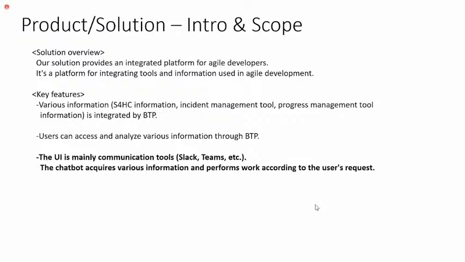Another important feature is that the user interface to access the tools and information will be Slack or Teams. Those communication tools will be used as the UI to access information and tools, because they are widely and effectively used among Agile developers. So we decided that our platform UI will use those communication tools as well.